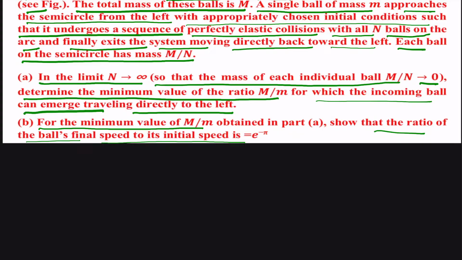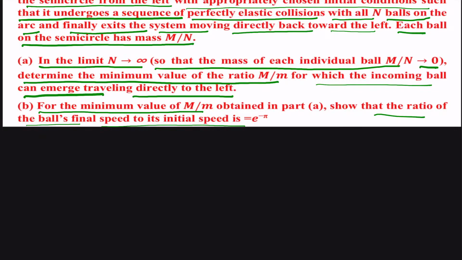So we have to solve these two questions, and the figure we can draw is that we have balls which are arranged in a semicircle arc. Okay.